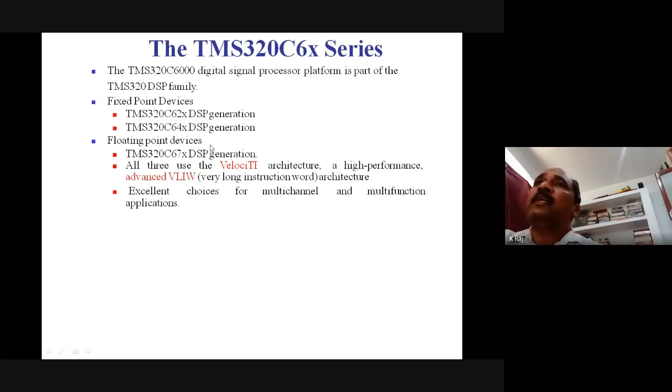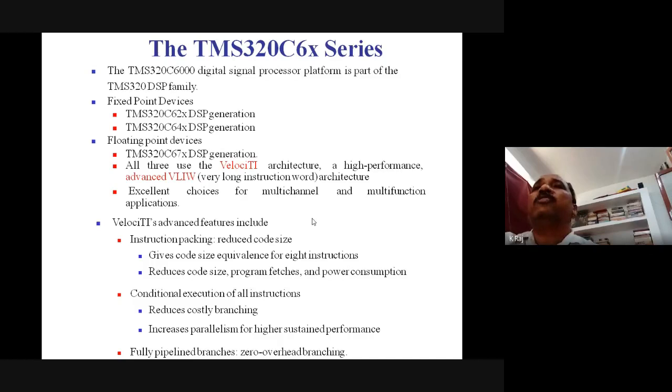The feature is that all three have the very long instruction word architecture, the VLIW architecture, and are excellent choices for multi-channel and multi-function applications. They are suitable for multi-channel and multi-function applications.